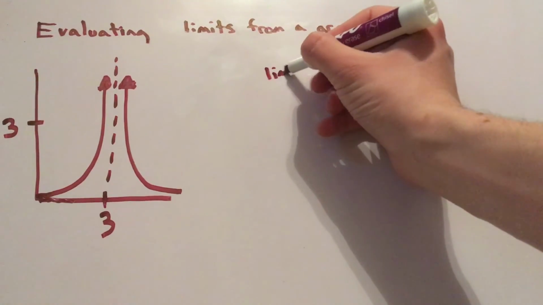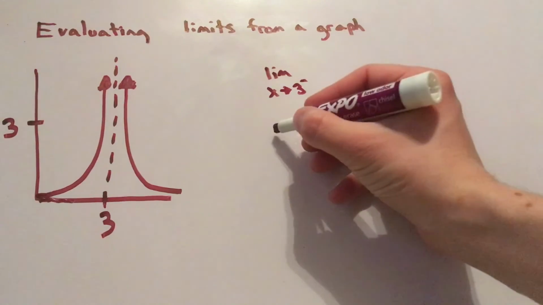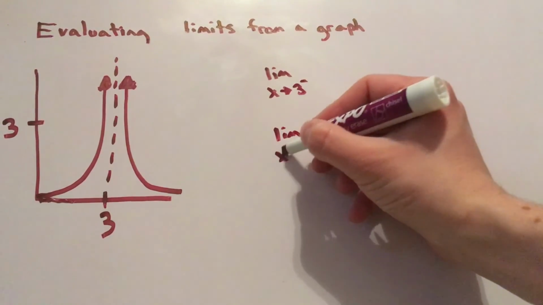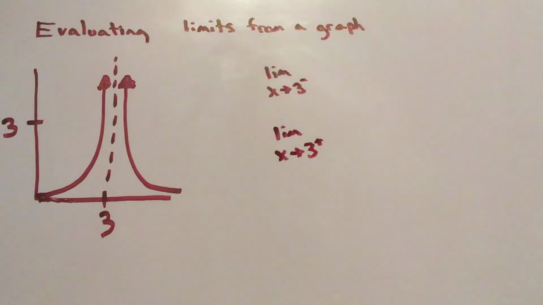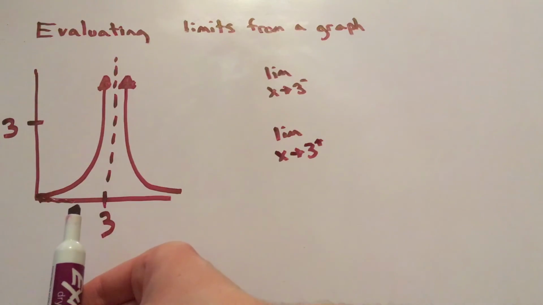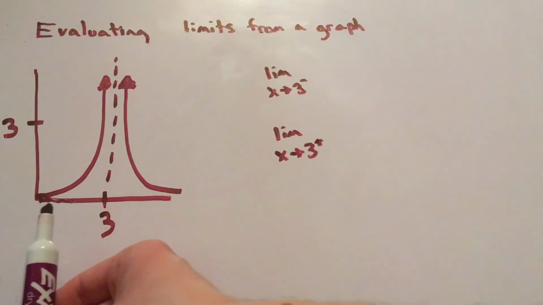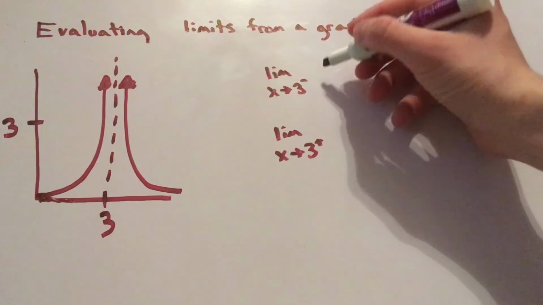The limit as x approaches 3 from the left, and the limit as x approaches 3 from the right. Well, what do we see here? As x approaches 3, and it's going up this graph, well, it's approaching infinity.